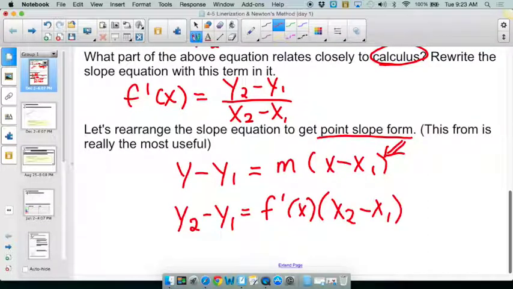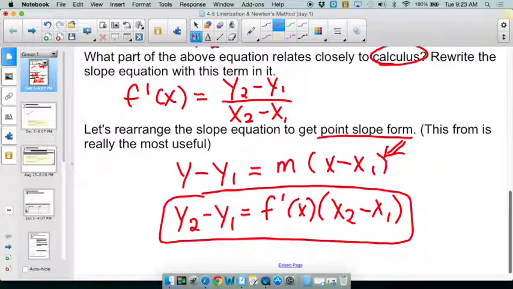And so this is really the linearization process. We're going to take the point slope form because it's the most convenient. Can we get that into slope intercept form with a little more algebra? Sure. It's not really necessary unless WebAssign asks you to do it. But really we're just going to focus on using the point slope form.